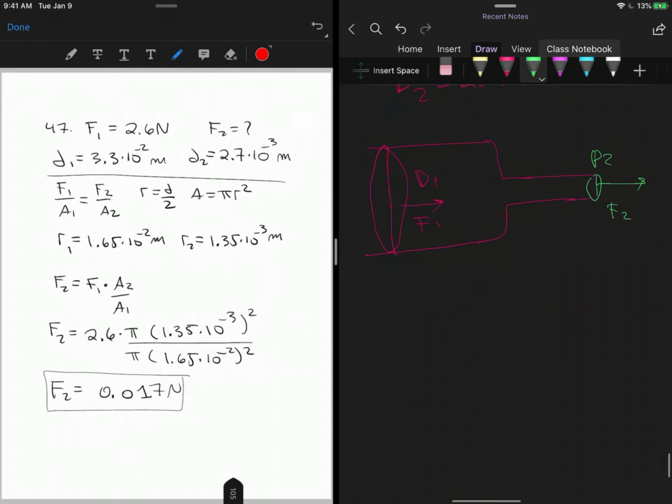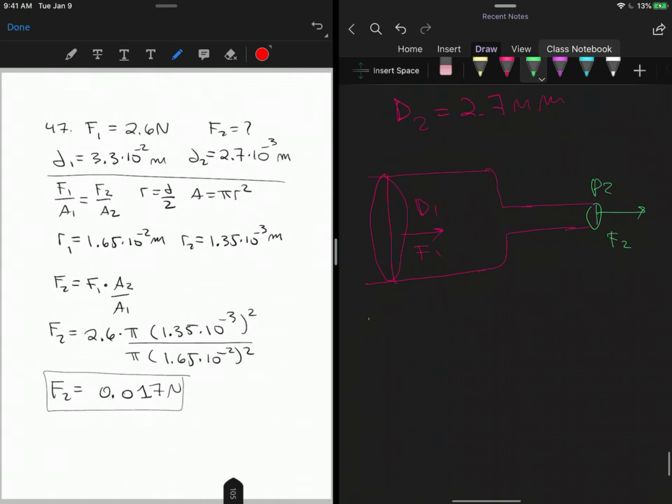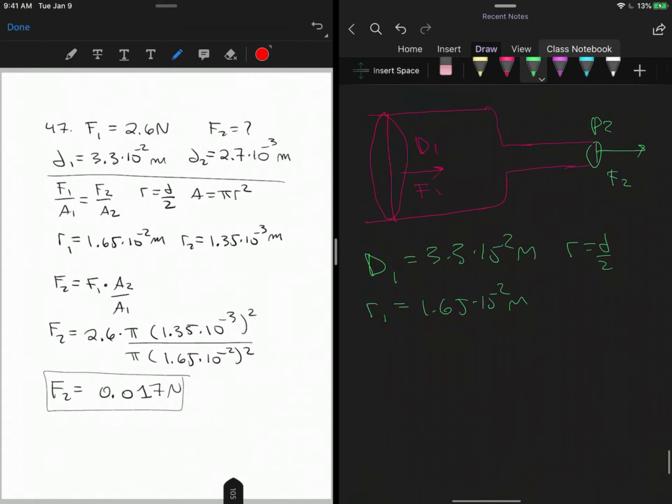What we need to do first is convert those diameters into radii. Diameter 1 is 3.3 times 10 to the minus 2 meters, so radius 1 is half of that, 1.65 times 10 to the minus 2 meters, because the radius is the diameter divided by 2.